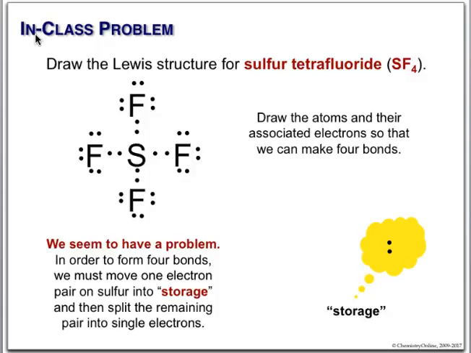Now that we did that, if you look at what we're left with, again, here's what we started with. Going to just take these 2 and get rid of them for right now. By gosh, we can make a bond here, a bond here, a bond here, a bond here, and everybody would have 8. Everybody would be happy, wouldn't they? So let's do that.